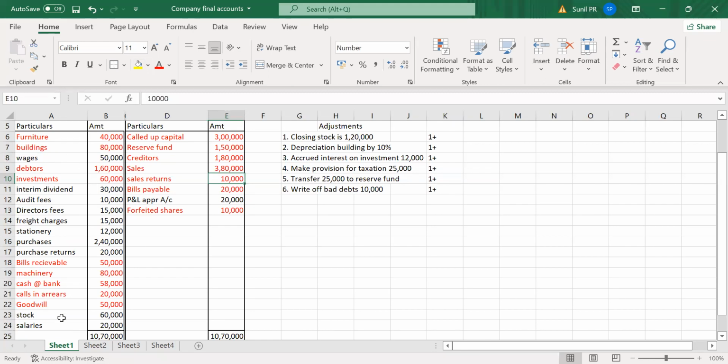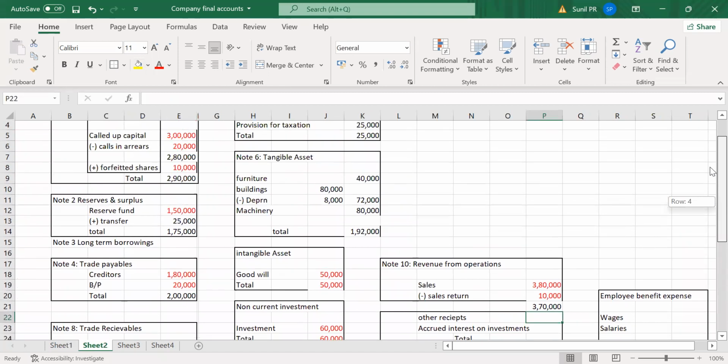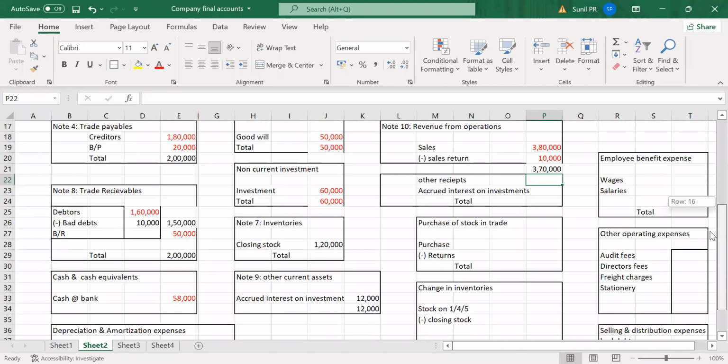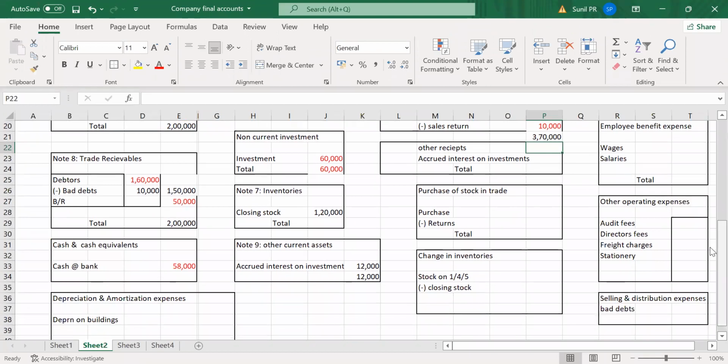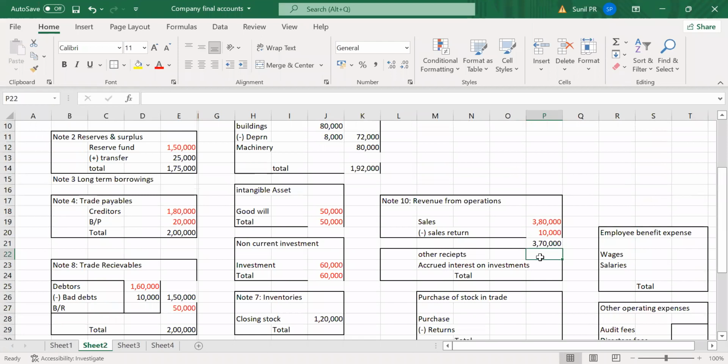In the adjustments, accrued interest on investment, it is an income, correct? Once we have taken it in the balance sheet, I've written it. Where you have taken interest on investment, do you remember? In the note, other current assets, interest on investment. So once we have taken it there, now in the P&L account, you're taking other receipts, call it as 12,000.